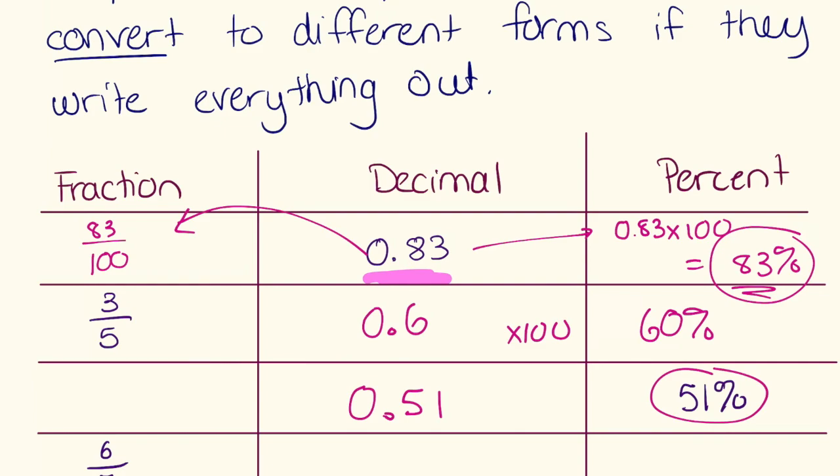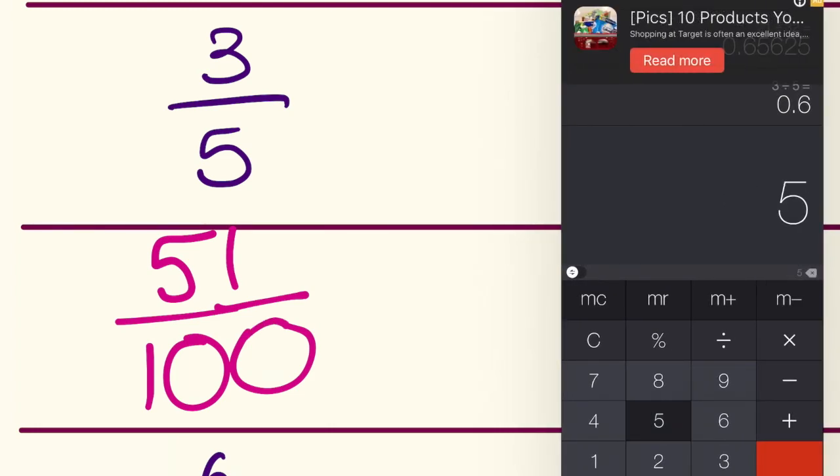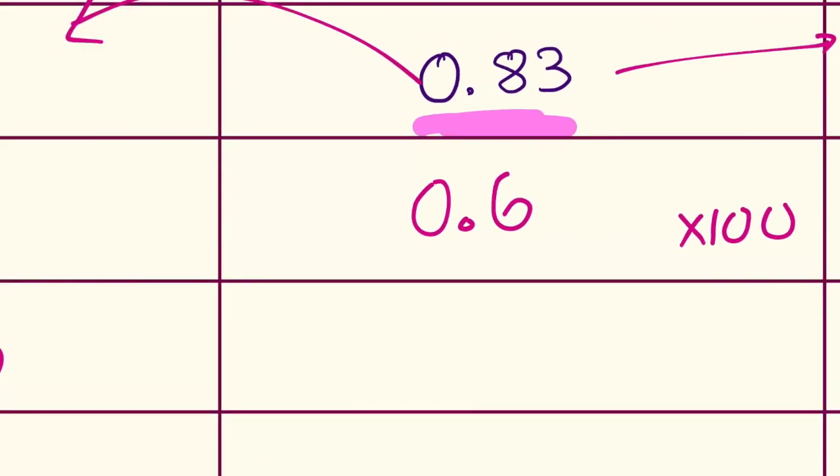Or maybe you don't, and you want to convert it to a fraction first, because you know that 51 over 100 is the fractional form of this percent. And then you might say, you know what, I'm going to take out my calculator and do 51 divided by 100, because I'm not sure what it is in decimal form. And that's fine, and you should get 0.51.